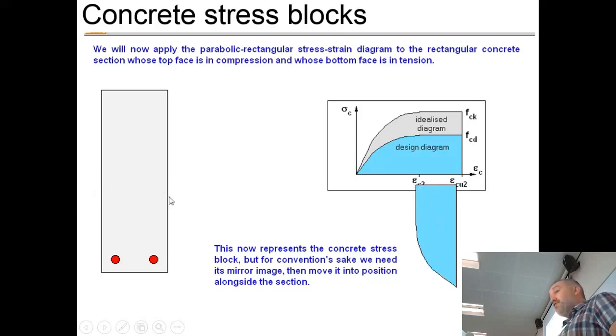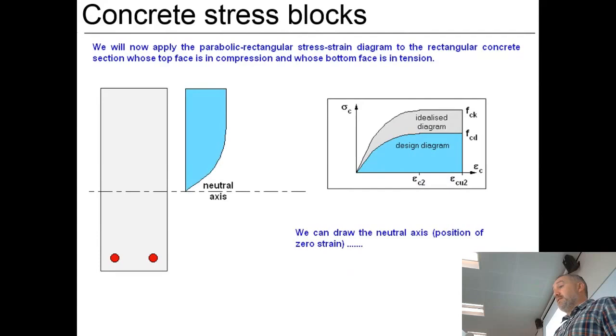So if you've got the neutral axis, and if you've got the maximum compression at the top, as you come down, by the time you get to the neutral axis, you have zero stress within the block itself. So this is how they're making up the stress block in order to get the formula to do the calcs.